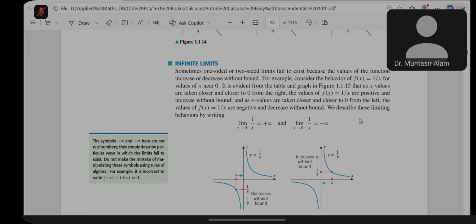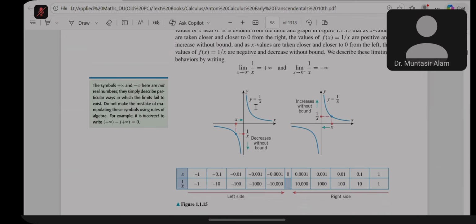Whenever we utter infinite limits, that means the limiting value is either plus infinity or minus infinity. That means the function value is approaching towards either plus infinity or minus infinity. Look at the graph given below. This is the well-known elementary curve y equal to 1 over x.